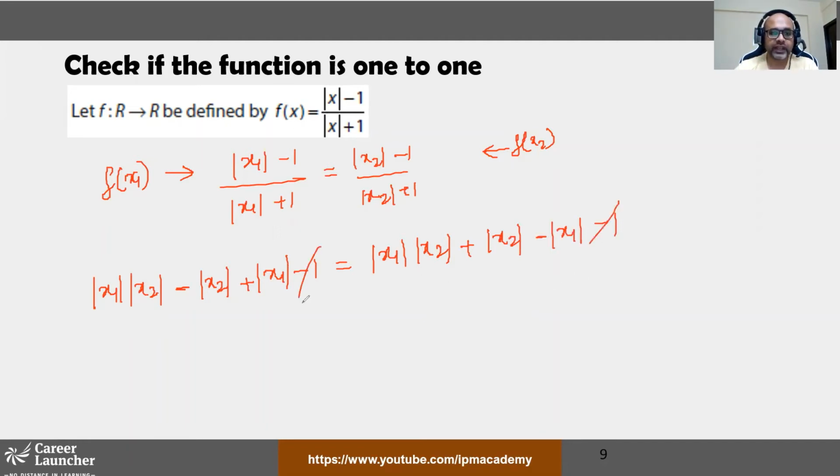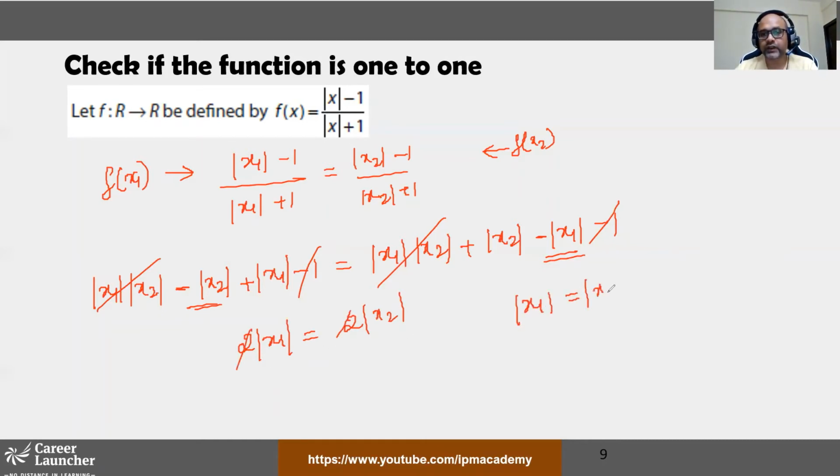Now negative 1 gets cancelled. This product will get cancelled. What am I left with? I will get this to the right hand side and this to the left hand side. So 2 modulus x1 equal to 2 modulus x2. 2 can be cancelled. I'm left with modulus x1 is equal to modulus x2.